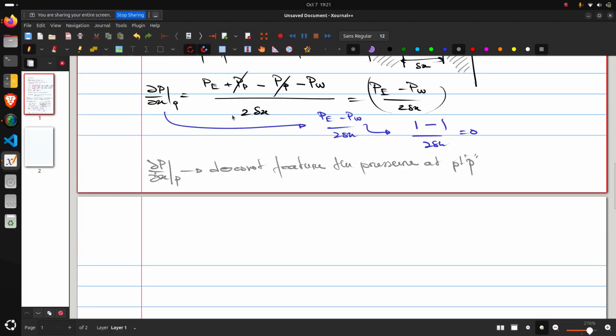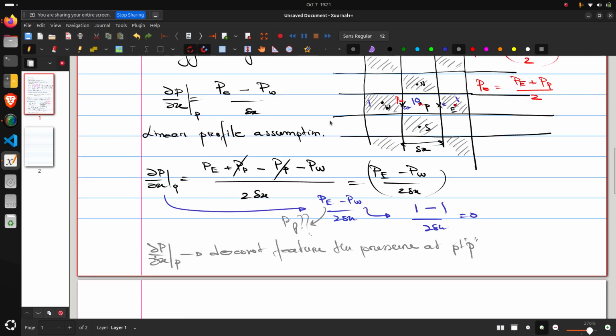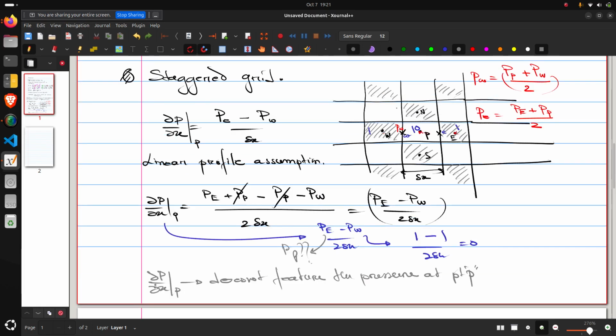The gradient of pressure at point P has values of only its neighbors, but we don't have the pressure at point P. There is no information about what the pressure at point P is. So this type of method gives us this checkerboarding pattern. If you see, this is why it's named in such a way.